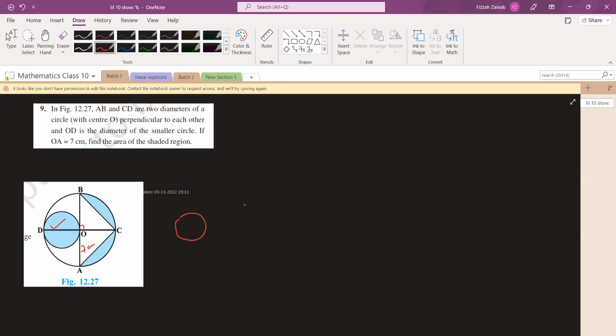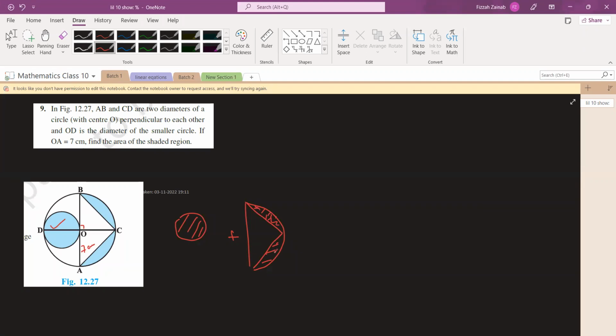Anyway, let us first split it. Then we can find the area of this semicircle, and then we can subtract the area of this triangle. Is that clear? And then we will add this, because this is also shaded. So this and plus this shaded part.